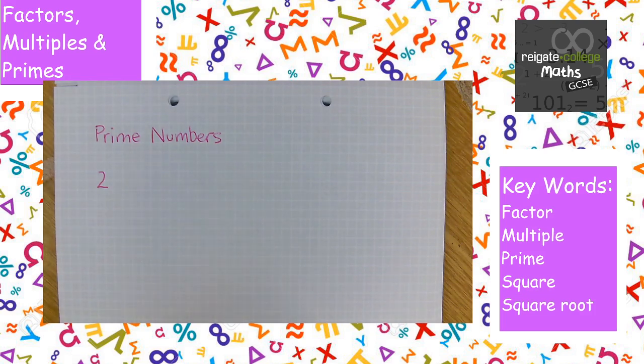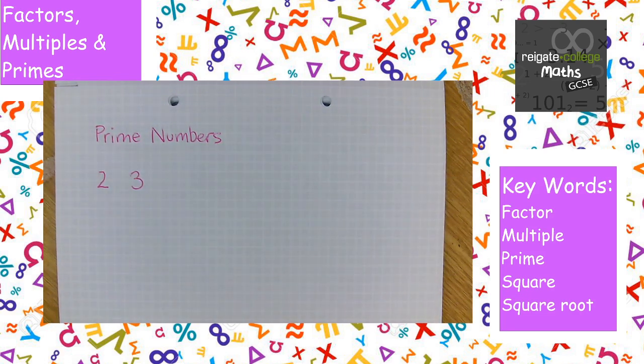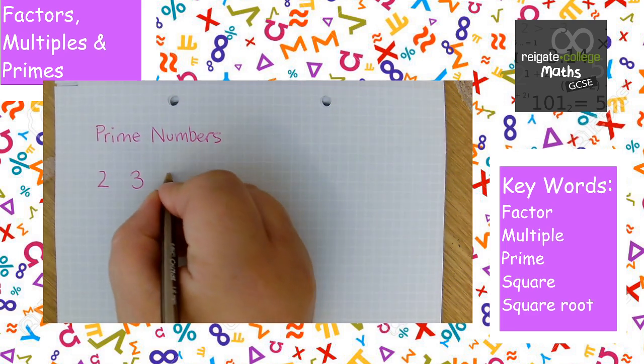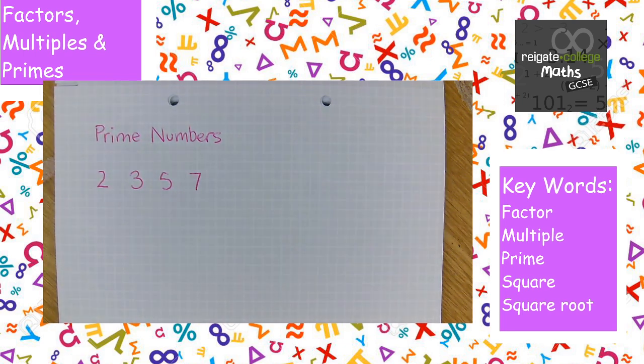Continuing with the first 10 prime numbers, we have 3. After 2, all prime numbers are going to be odd, but that doesn't mean to say all odd numbers are prime numbers. 5 is, and 7 is, but 9 isn't. 9 isn't a prime number because it can be divided by 3. 3 times 3 makes 9.